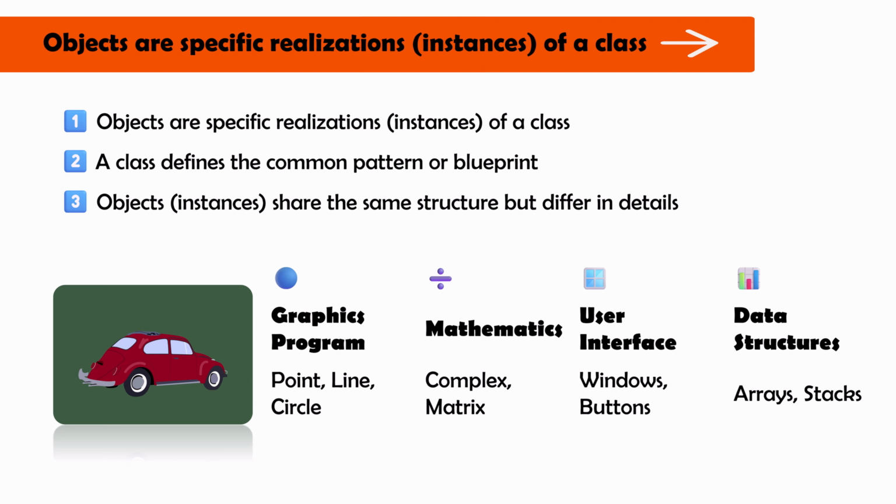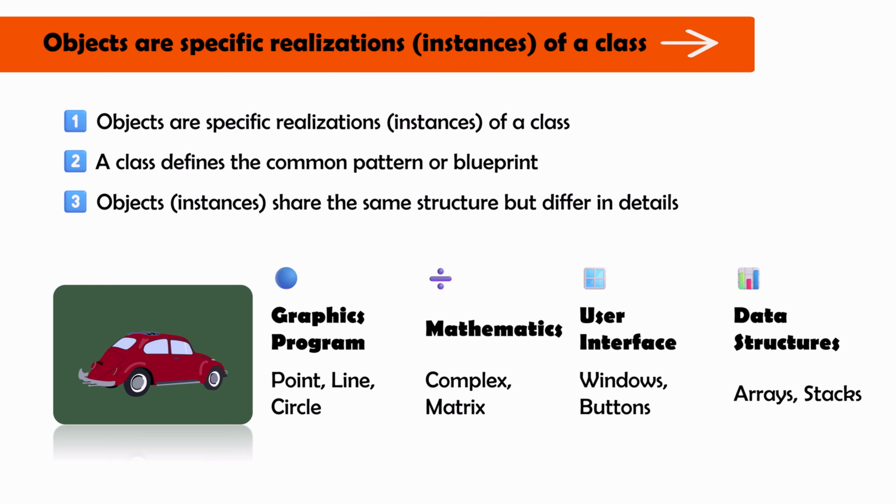In computer user environments, objects represent things like the interface, windows, menus, and buttons that you interact with. And if you think about the data structure or data storage aspect, objects can model structures such as arrays, stacks, linked lists, and these all have their own properties and functions.